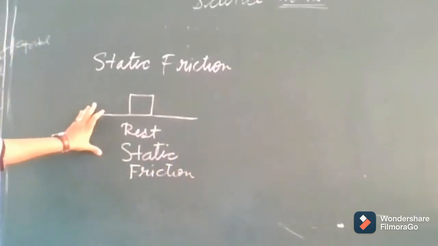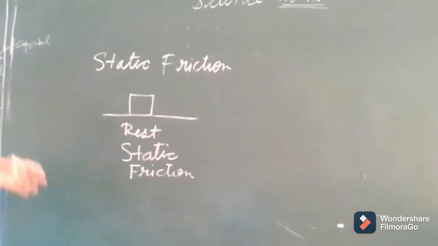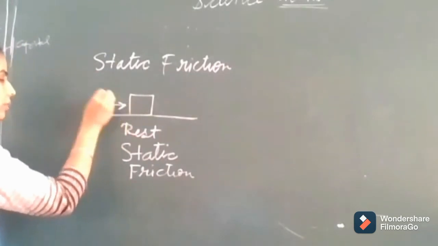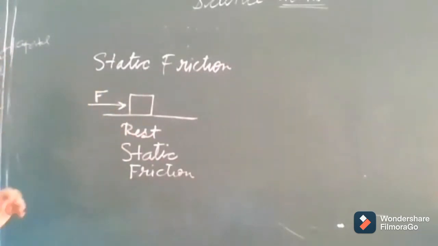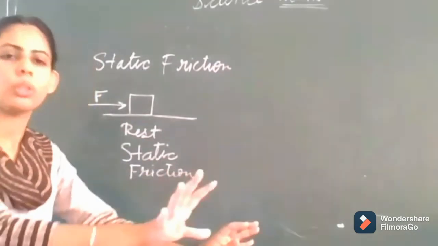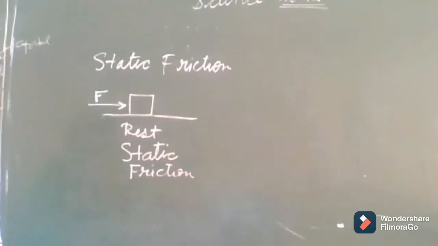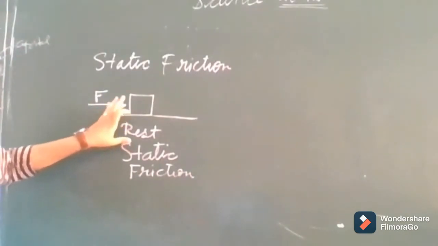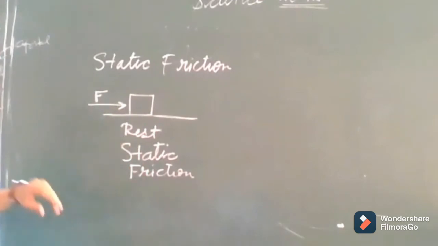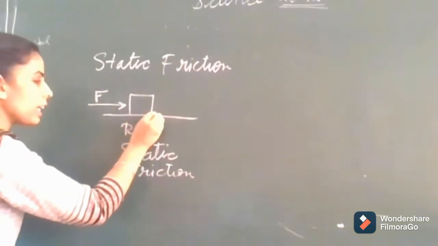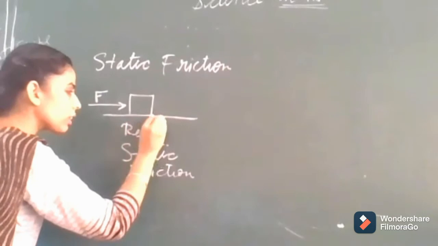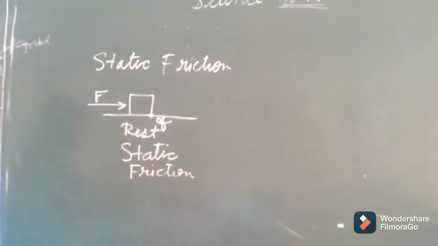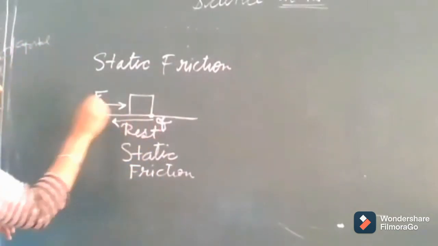Now, I will apply a force F to it. Suppose that the box is heavy. In the first go, I am unable to push it. So the force F is applied by me and it does not move. It means between this box and this surface there is also friction acting on it, but in the opposite direction.